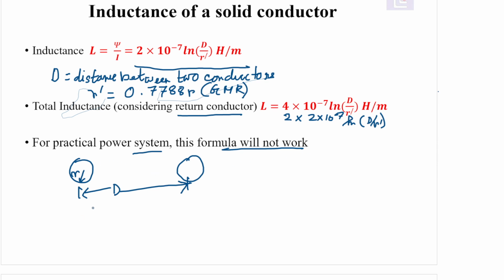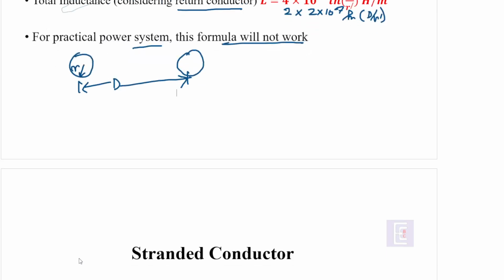We always have stranded conductors like this. I am just representing one conductor like this, and another conductor like this. Practically, we are using stranded conductors like ACSR.